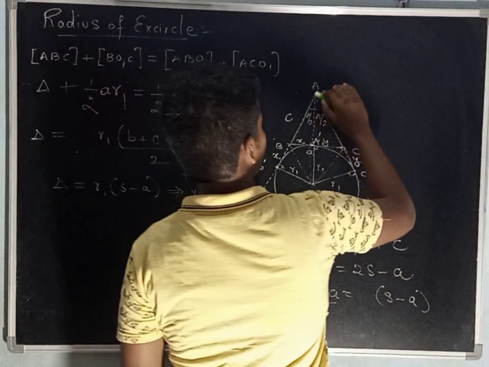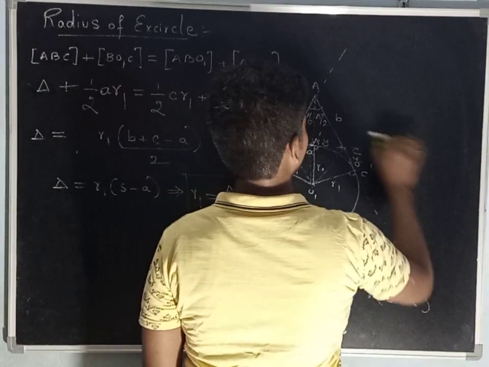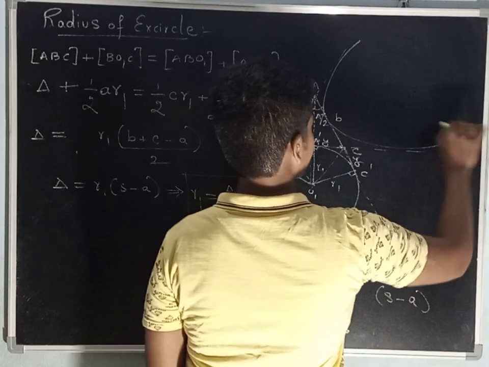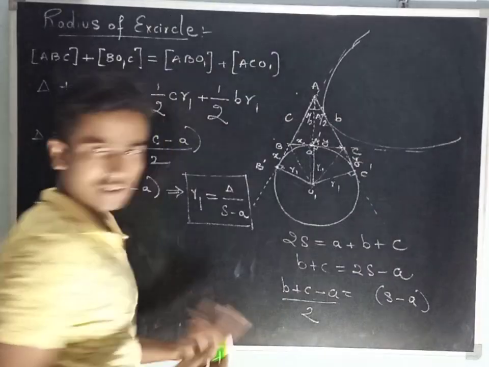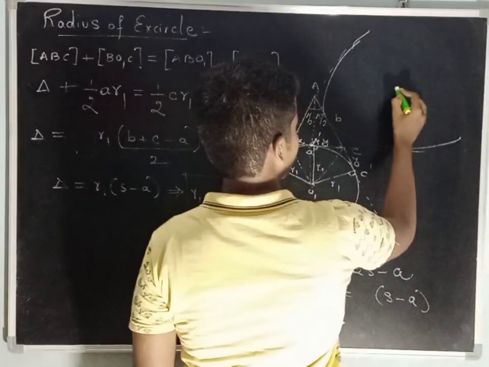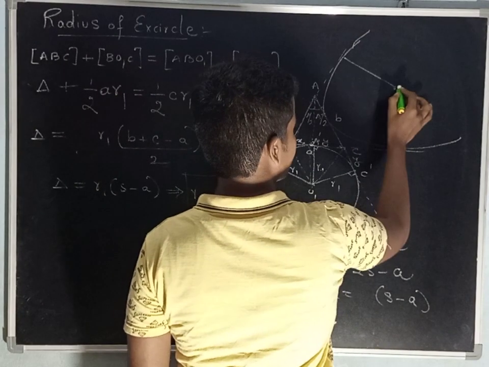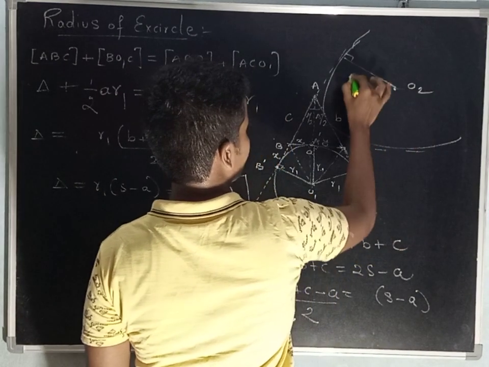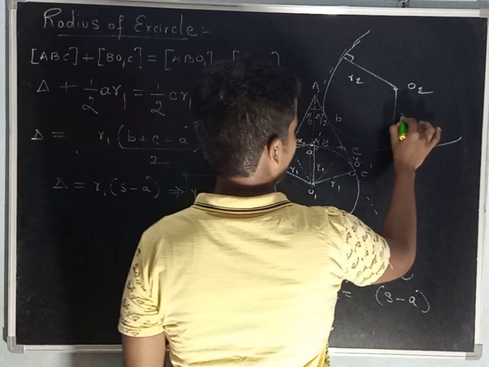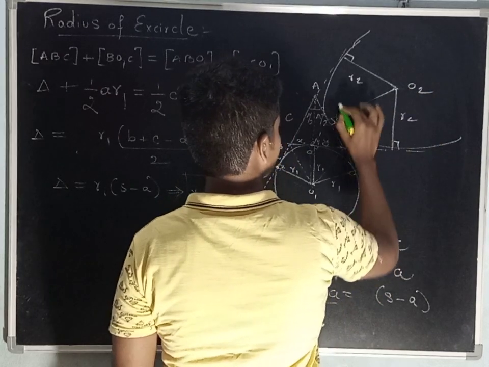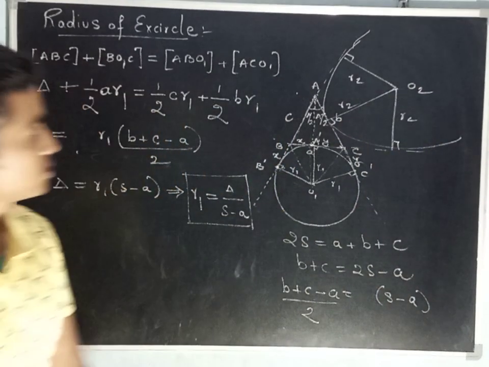Similarly, let me extend like this. Let me draw a circle like this. It may be a little bit big. I am not drawing it completely. Here there is a circle, center O2, perpendicular R2, R2, R2. Right?